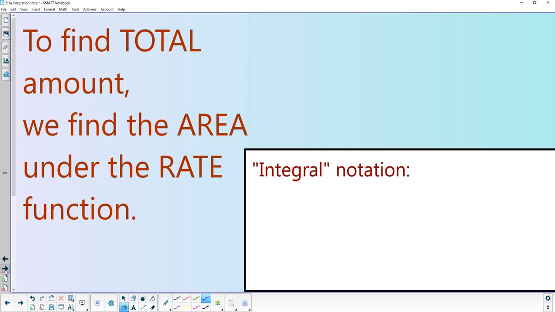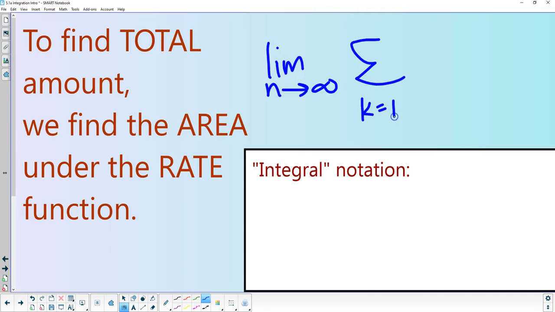So here's what we want. We want to take the limit as my number of rectangles, call it n, goes to infinity. And my sum, we took my first rectangle, going all the way to my nth rectangle.